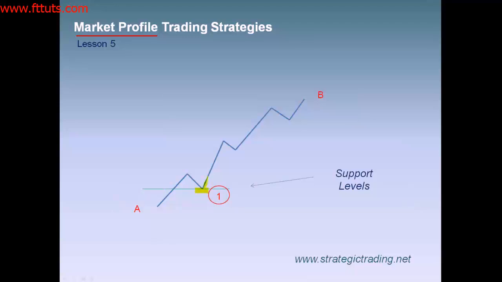As the price continues to move higher, we're going to find another support level. And this is the second support level that we have for this particular brief movement. And as the movement continues, we are going to find that we're even going to have a third support level. So each of these pivots defines for us a support level.